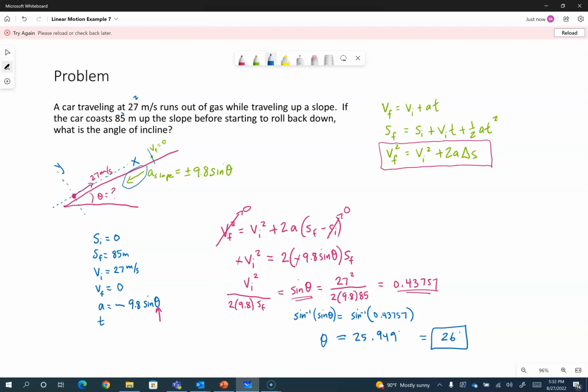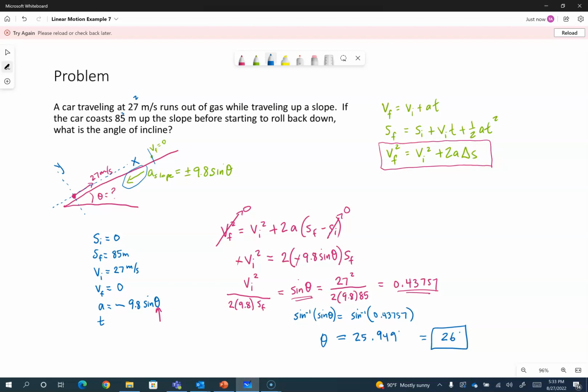Another reason I require students to set things up symbolically is so we don't stress so much about the numbers we're given. As we start plugging everything in, we can see where to solve for the different variables. It's very easy to mix up the question, same type of question, but instead of giving you distance, I give you the angle of incline.